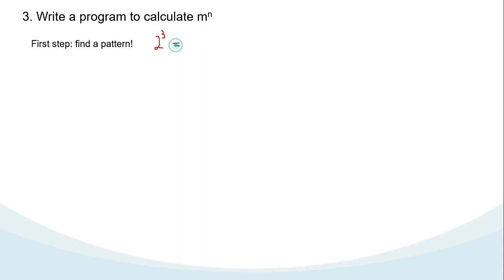So it means 2 times 2 times 2. So it means there is a repetition job. We repeat multiplying the number by itself 3 times.